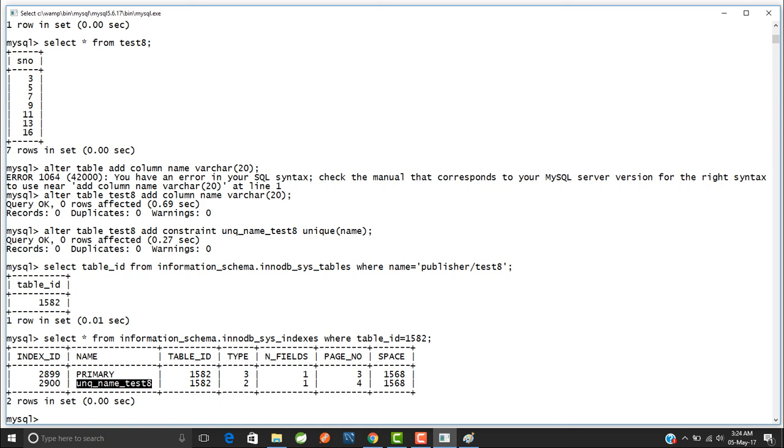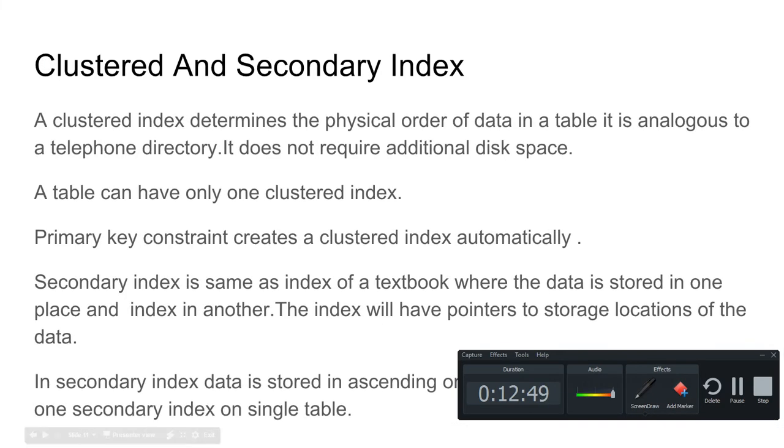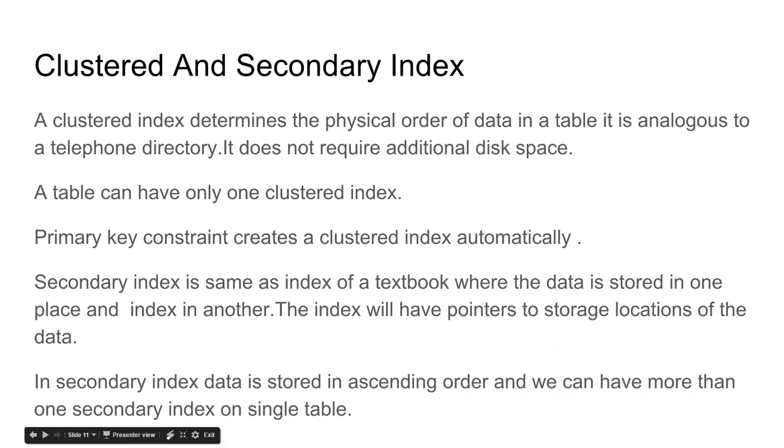A table can have many secondary indexes, which we already covered in the previous video. I just told you a secondary index is just like the index of a textbook, where data is stored in one place and the index in another.